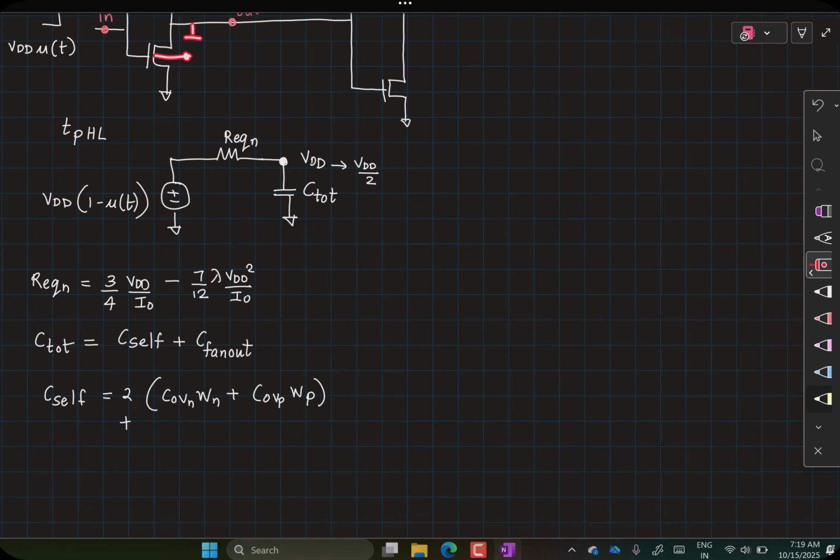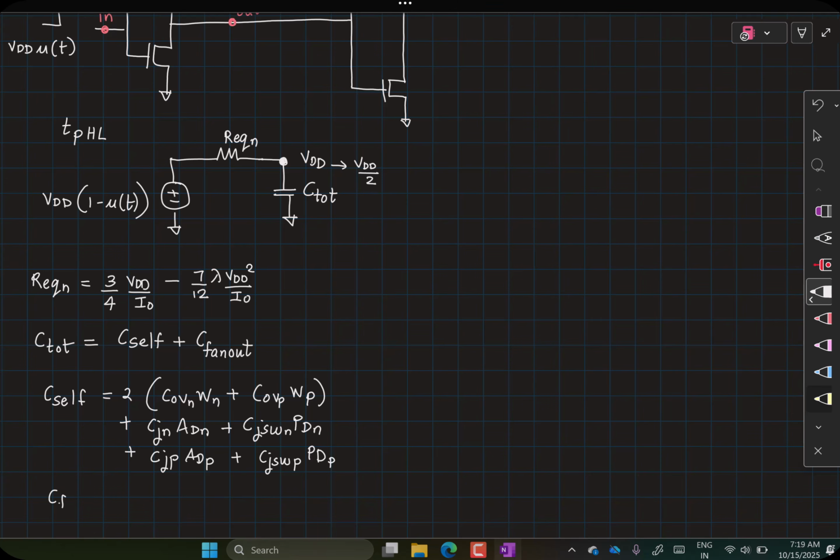So the capacitance between these two nodes was given by the unit junction capacitance times the area plus the unit sidewall capacitance times the perimeter. Of course, this perimeter calculation does not take into account the sidewall on the side of the channel. The same thing goes for the PMOS transistor. So you have CJP times ADP plus CJSWP times PDP.